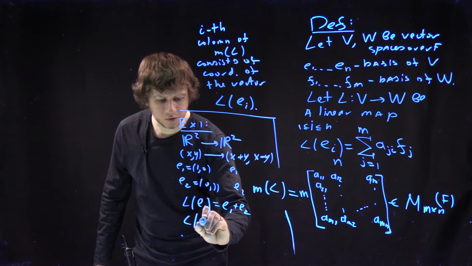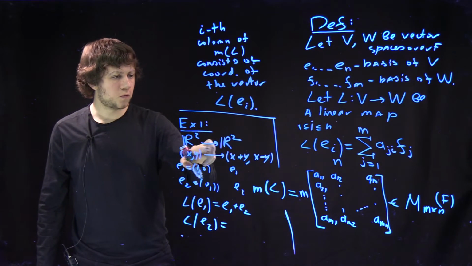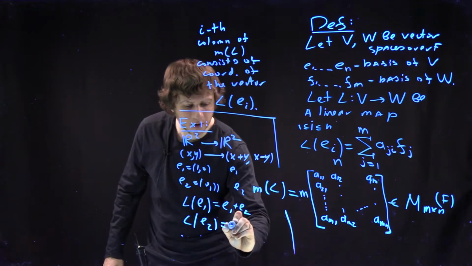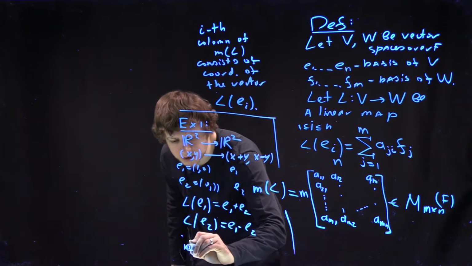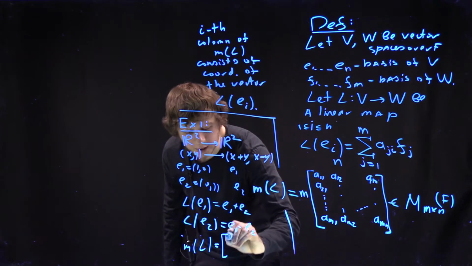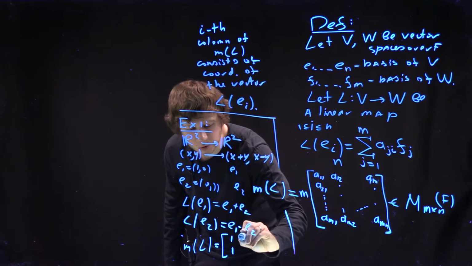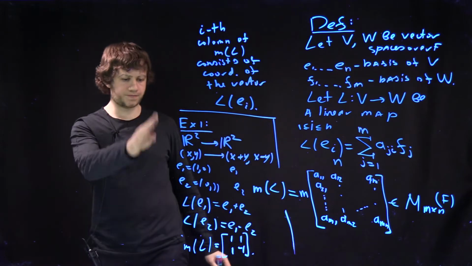And L of e2 equals (1, minus 1), which is e1 minus e2. And so the matrix in this basis is: I write down (1, 1) in the first column and (1, minus 1) in the second. So that is how it works.